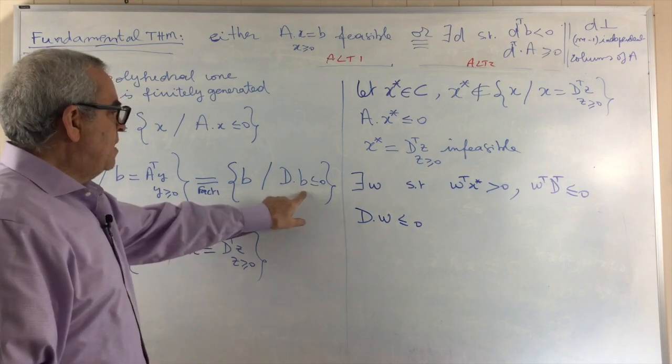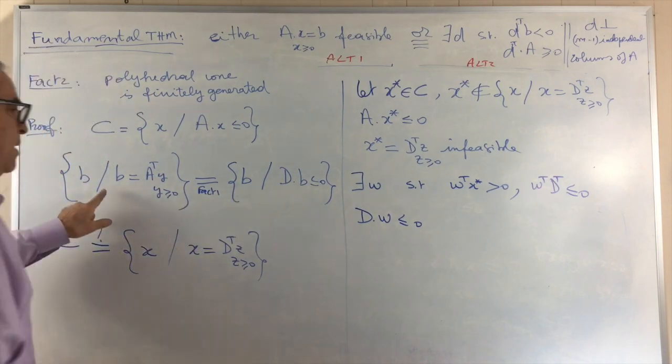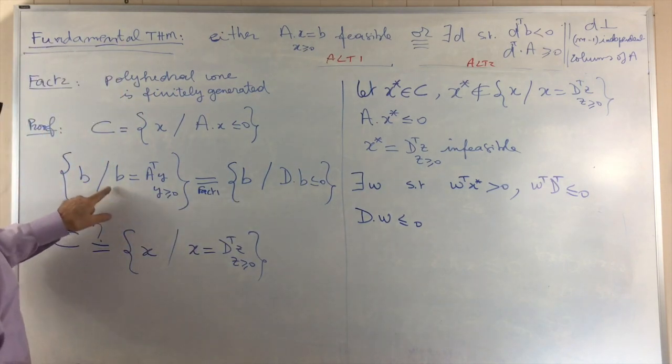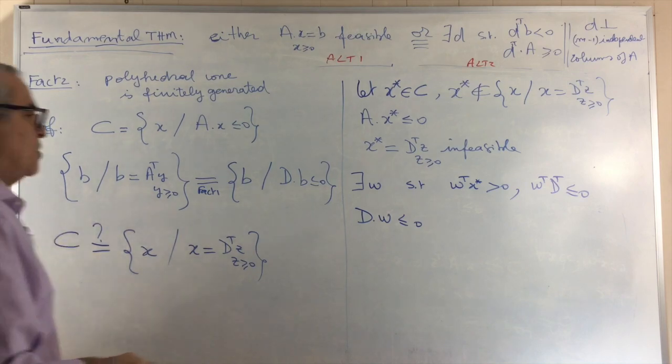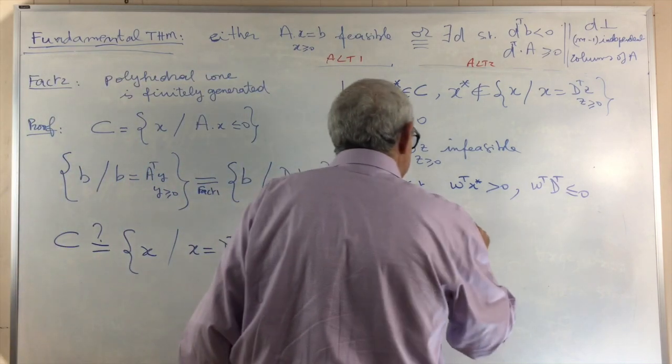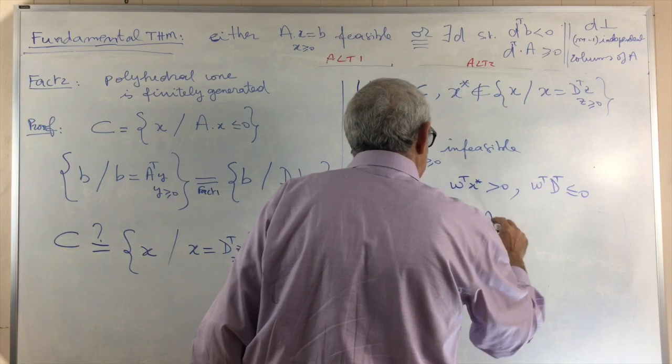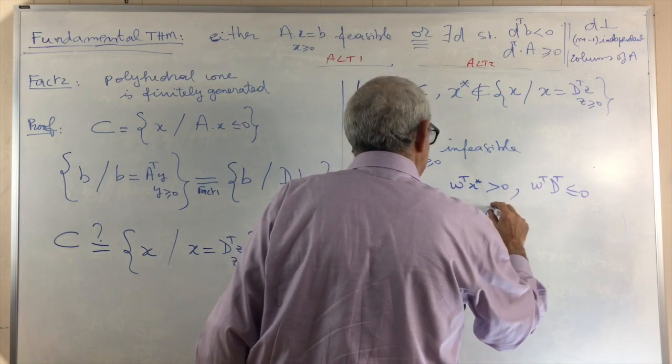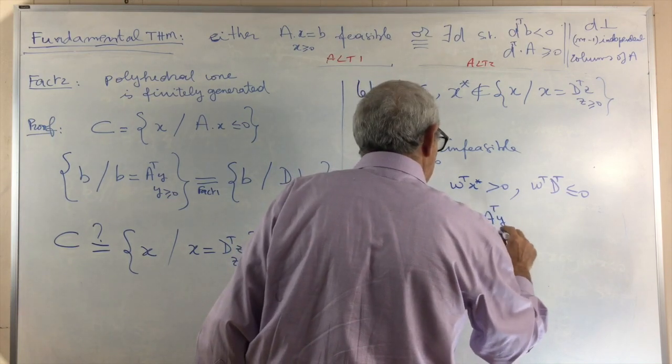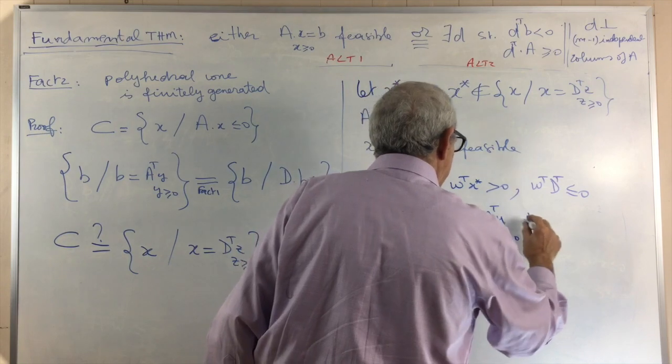So dw is less or equal to 0. That means w belongs to this set, right? So w is equal to a transpose y, for some y greater or equal to 0.